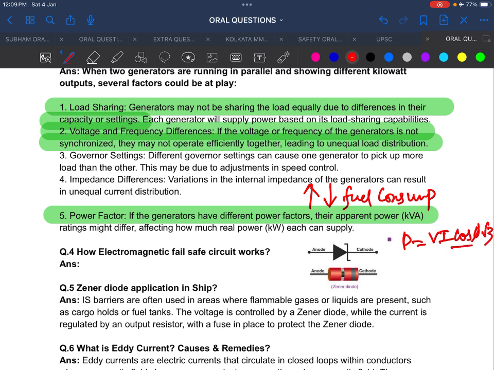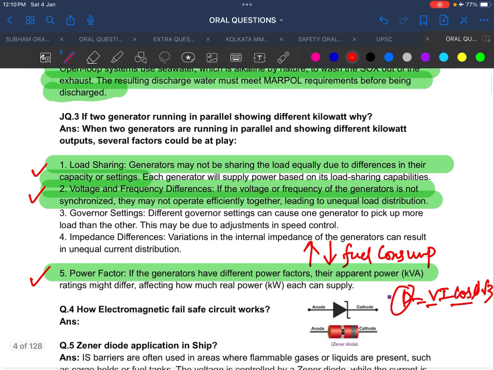So cos phi, voltage, frequency, everything is dependent; power is dependent on voltage and power factor also. So you can tell power factor, voltage, frequency, load sharing. These are the conditions showing variation in the kilowatt.